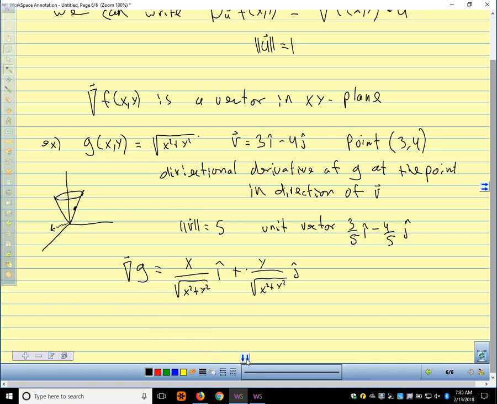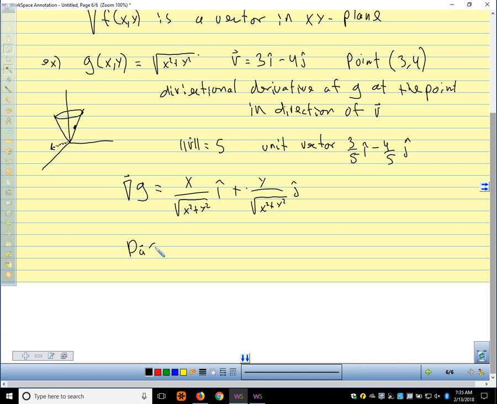And so our directional derivative of g is 3/5 times x over the square root of x squared plus y squared, plus minus 4/5, we do the dot product, y over the square root of x squared plus y squared.